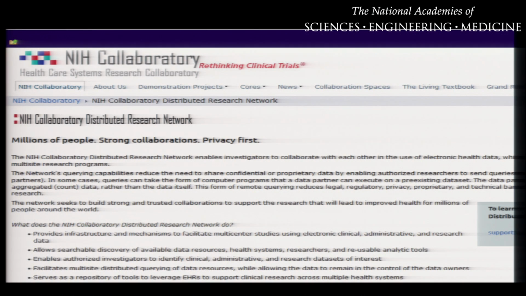FDA has been very good about instructing us that it intends the resources and capabilities we're building to be used as a national resource for purposes in addition to medical product safety assessment.